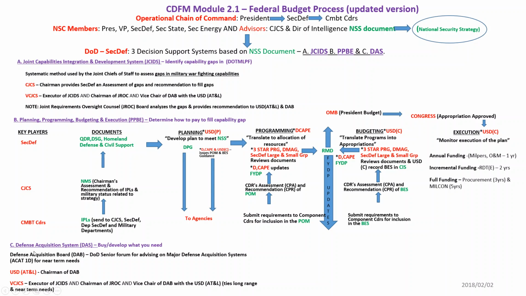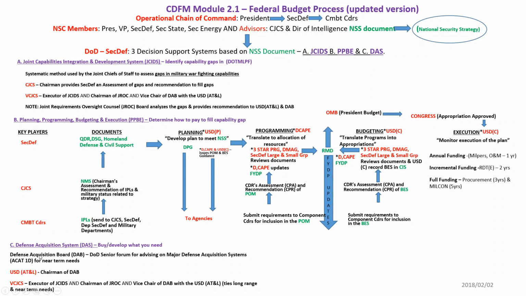So there's a board. The Defense Acquisition Board is the DoD senior forum for advising on any major defense acquisition system. So those are your ACAT 1D or ACAT 1AM. That's your information automation and systems for near-term needs.